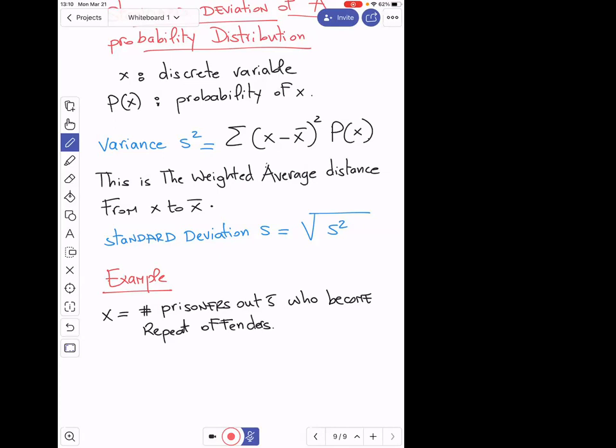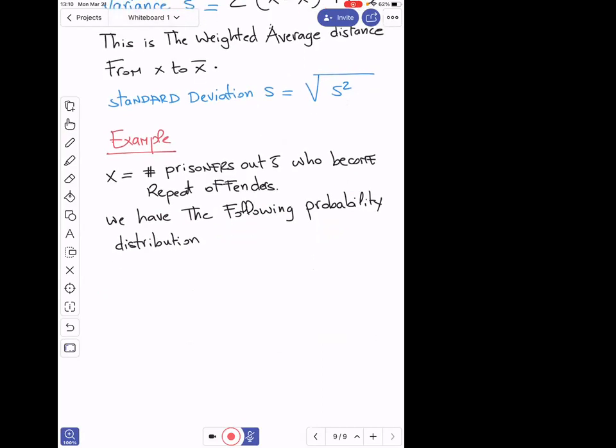So we have the following probability distribution. Here's your X, the number of prisoners out of 5 who become repeat offenders.